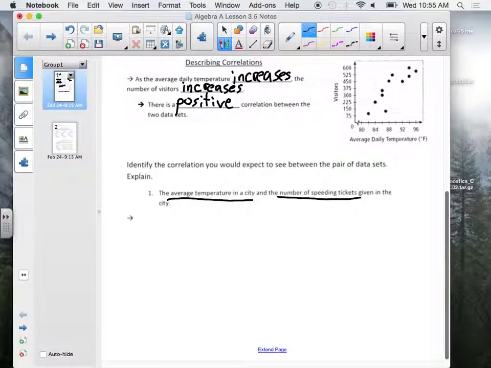So what would you expect to see from those two? There would be a positive relationship with them? Why? Because the more visitors you have, the more tickets you're going to have. But we're dealing with temperature, right? People want to go to a place cooler, so they're in a hurry.